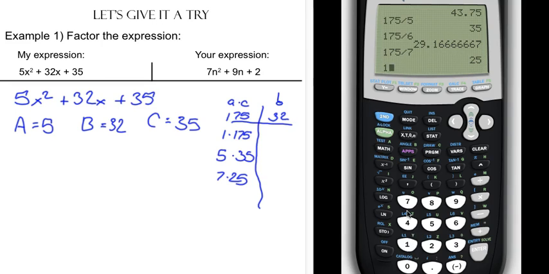So let's keep trying. 175 divided by 8. Nope, doesn't work. 175 divided by 9. All right, notice that's 9 and 19. We're getting close to them passing each other. So divided by 10 is going to be 17.5.